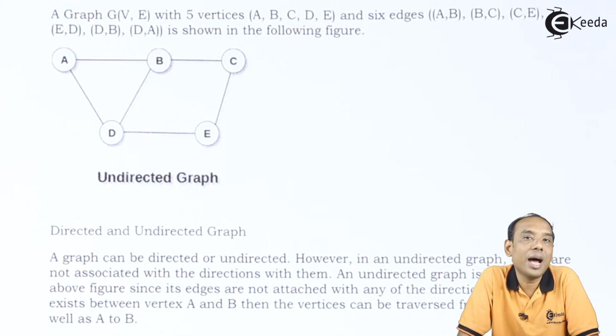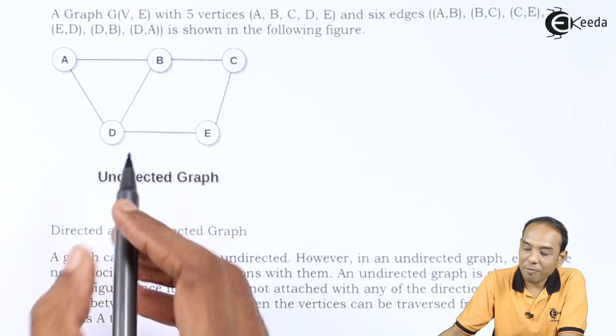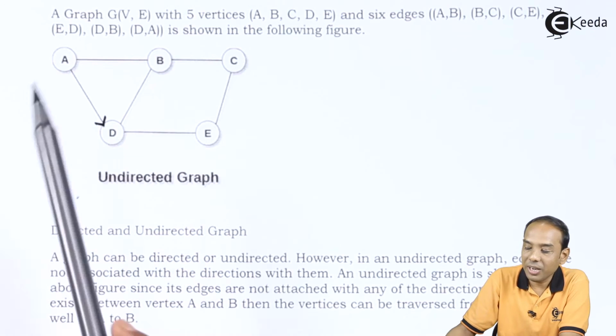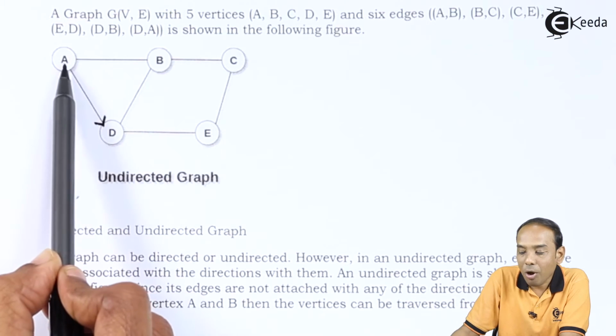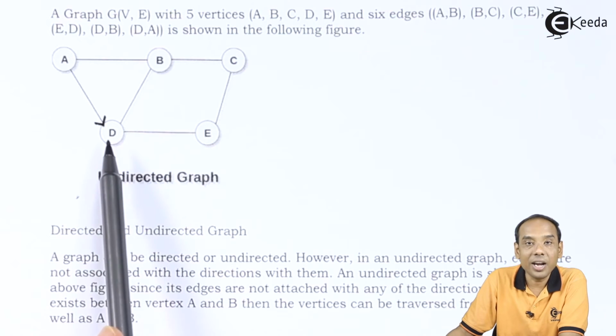Just the opposite of that is a directed graph. It is very important. In case of a directed graph, you have the direction set in which the vertices are to be connected. Let us look at the example. This is the example of an undirected graph. But if I give the direction for A to D, as you can see, I have given the direction from A to D. What it means is that I can travel from A to D in this direction only in case of a directed graph.